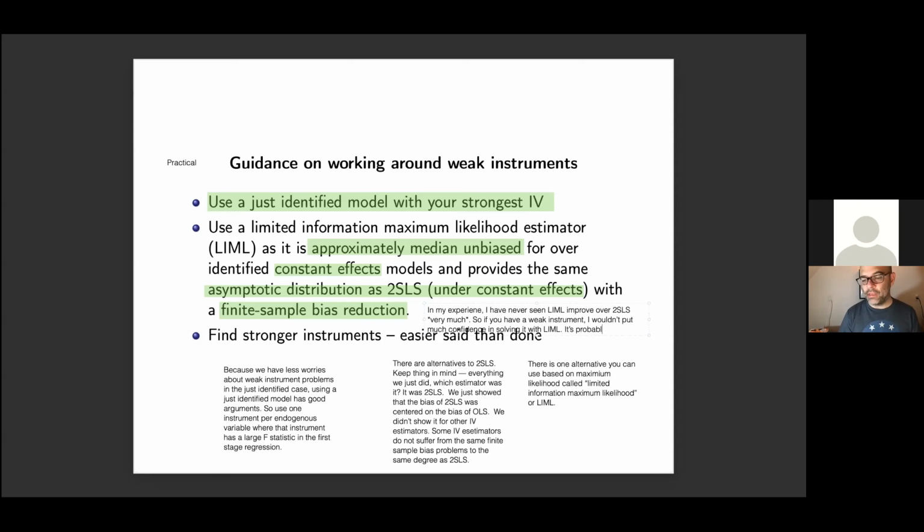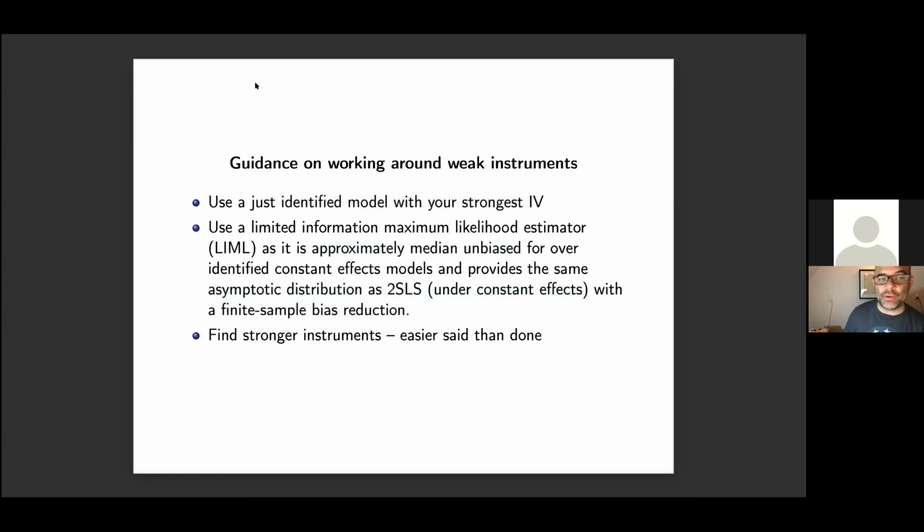It's probably the case you need to abandon that instrument, unfortunately. If you have weak instruments, the real solution is to not use it. You need to go back and find a better instrument that is still excludable.